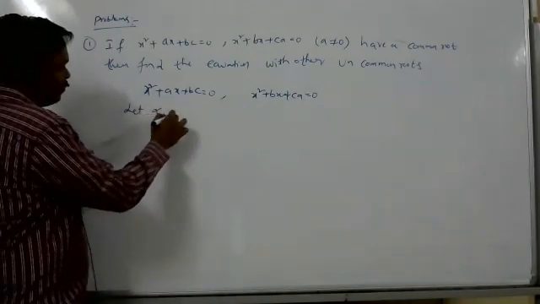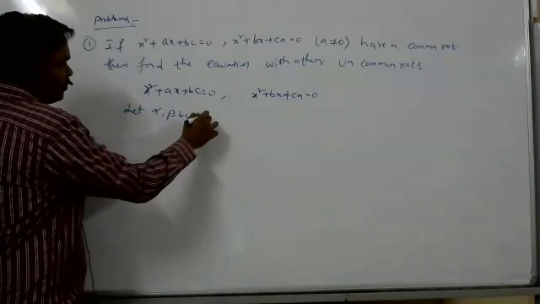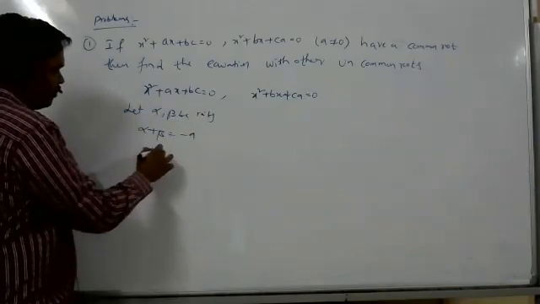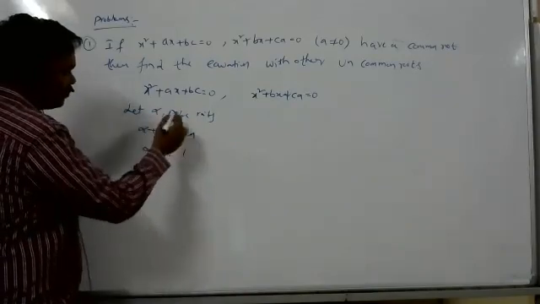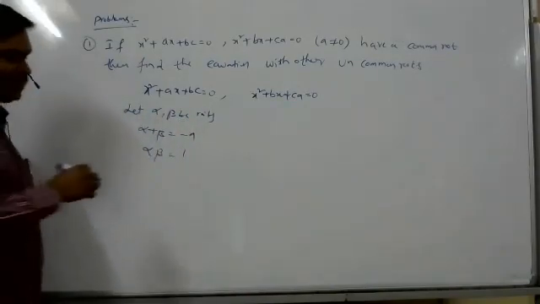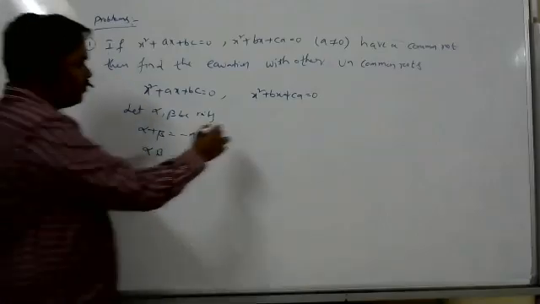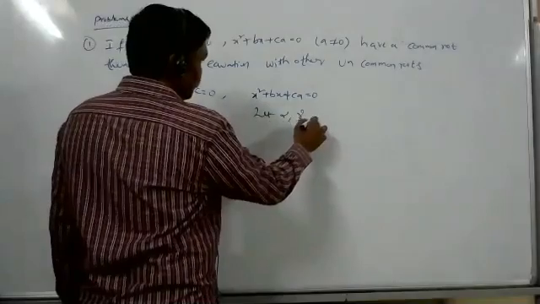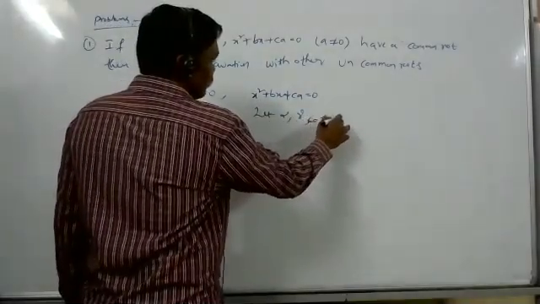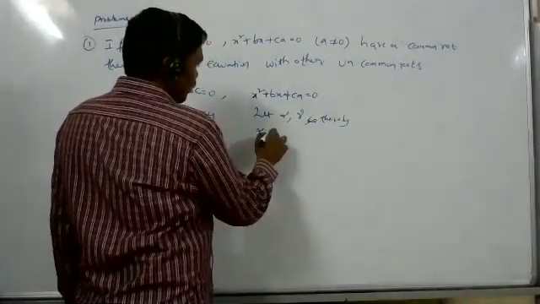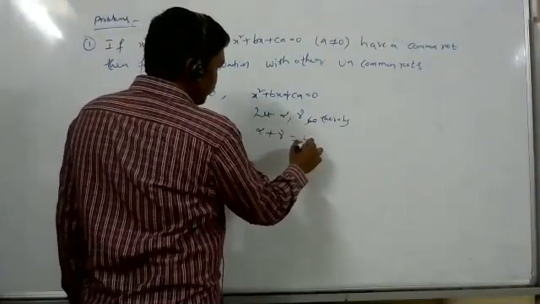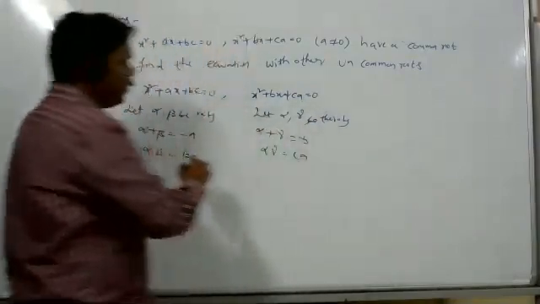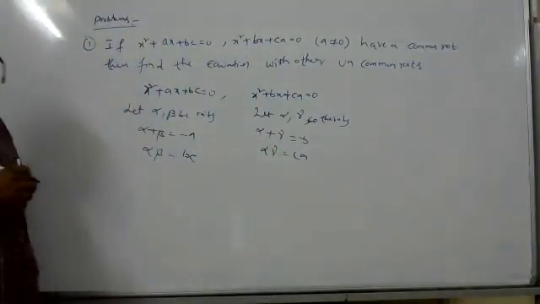Let alpha comma beta be the roots. Alpha plus beta is equal to minus a, and alpha beta is equal to bc. Now let alpha comma gamma be the roots. Alpha plus gamma is equal to minus b. Alpha gamma is equal to ca. Now common root, these two equations.